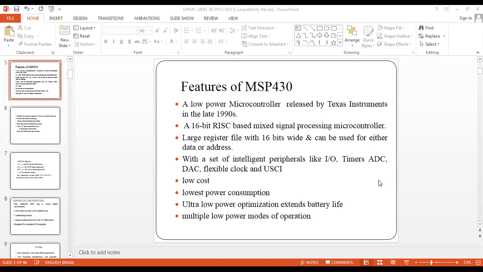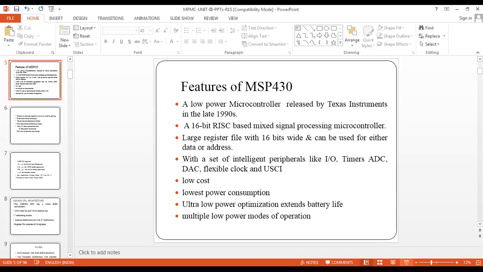This mixed signal processor is actually meant for low power consumption. Hence, it deals with ultra low power capability because of five low power modes, like low power mode 0, low power mode 1, and so on up to low power mode 4. And this is based upon 16-bit RISC.